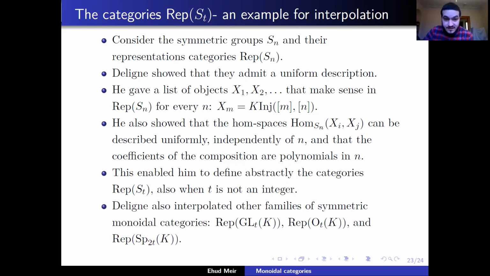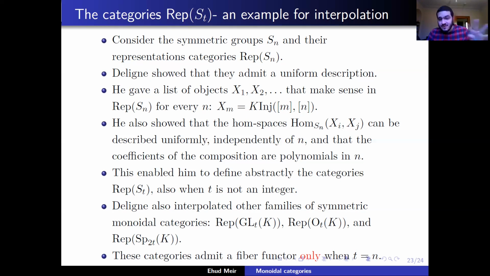Yeah, so Deligne also interpolated other families of symmetric monoidal categories like Rep GL_t, Rep O_t, and Rep Sp_2t over K, and I will mention them in the second part of the talk. Okay, so an important thing to say is that these categories admit a fiber functor, that is a tensor functor to Vec, only when t is equal to n.